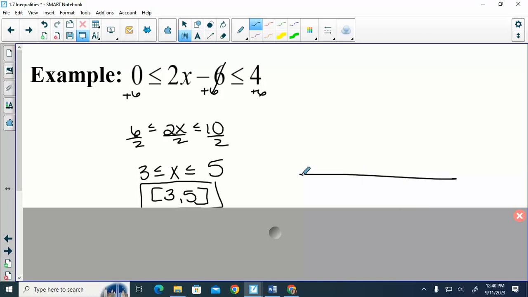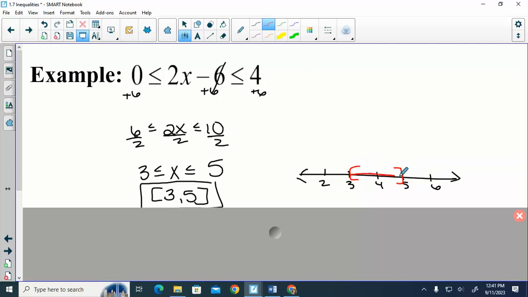In terms of if I asked you for a graph, we have a bracket at 3, bracket at 5.